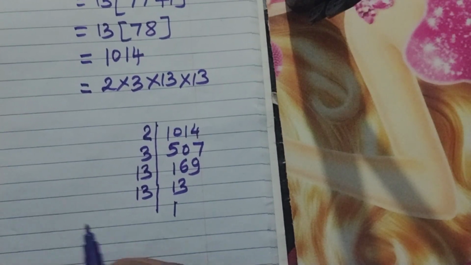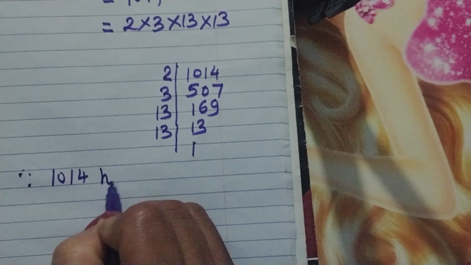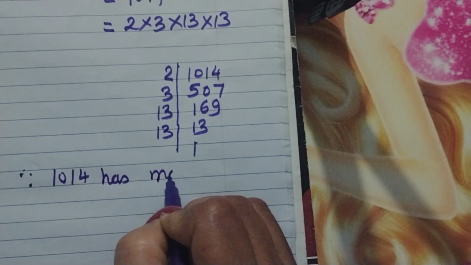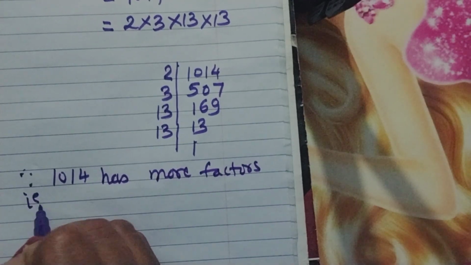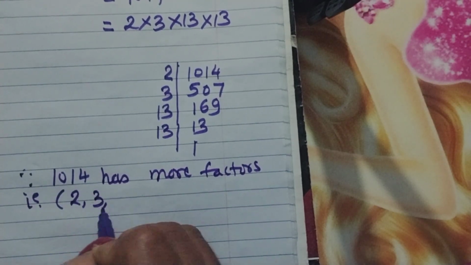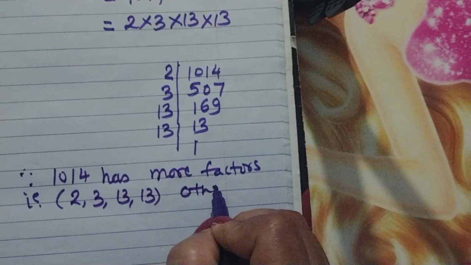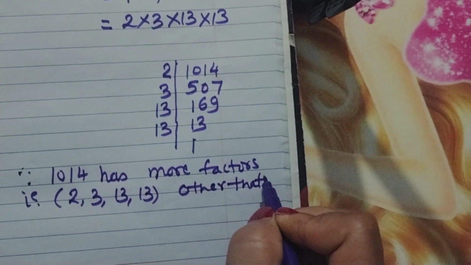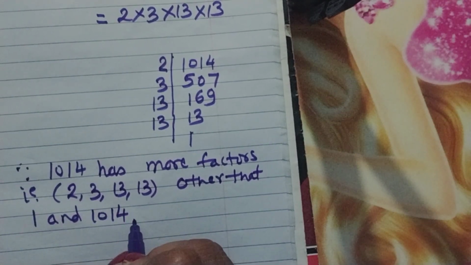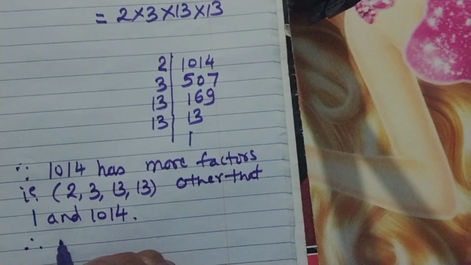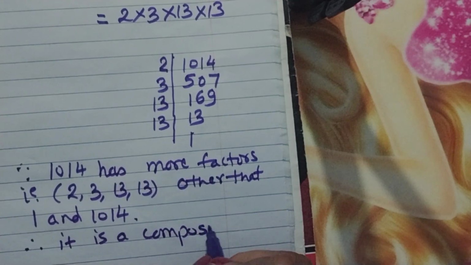So we can write here: since 1014 has more factors, that is 2, 3, 13 and 13, other than 1 and 1014, therefore it is a composite number.